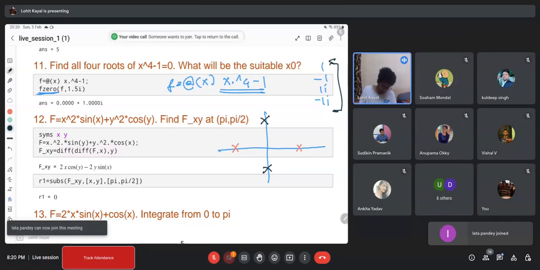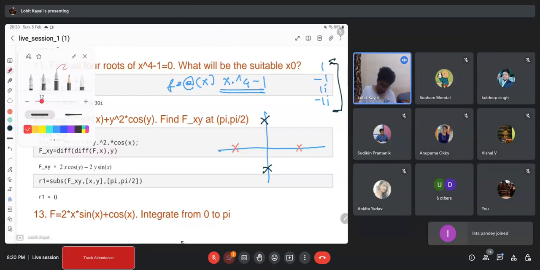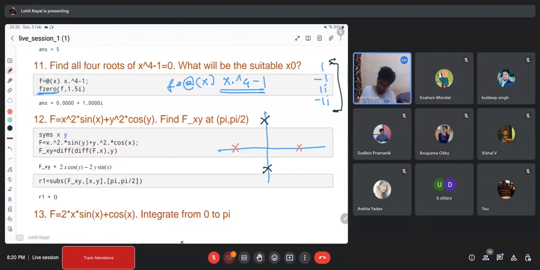Now here my initial guess was at plus 1.5i. Suppose this is the point 1.5i. From intuition, can you tell me which one of these 4 roots it will take? I have told you that fzero will give you only a single root at a time, and I have to specify an initial guess.